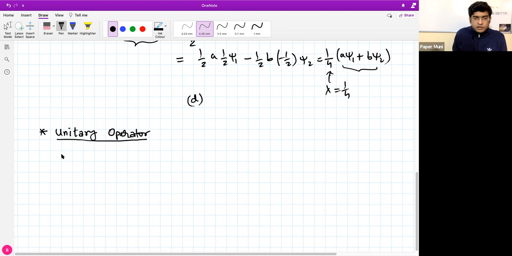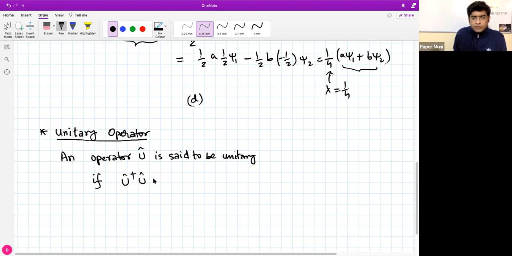Moving on to the unitary operator. An operator U is said to be unitary if U dagger U is equal to the identity.